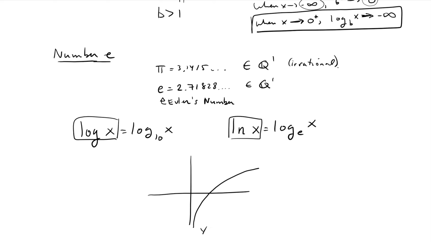So if you want, this is like log in base 10 of x, and ln of x will also look like this. We're going to study those graphs a little more in the next section, but this is something you have to know, especially when we're going to want to calculate logs using our calculator. We need to know there are two buttons for logarithms.